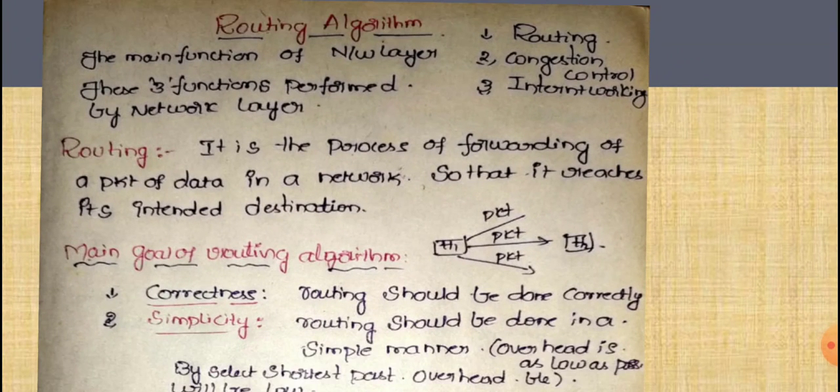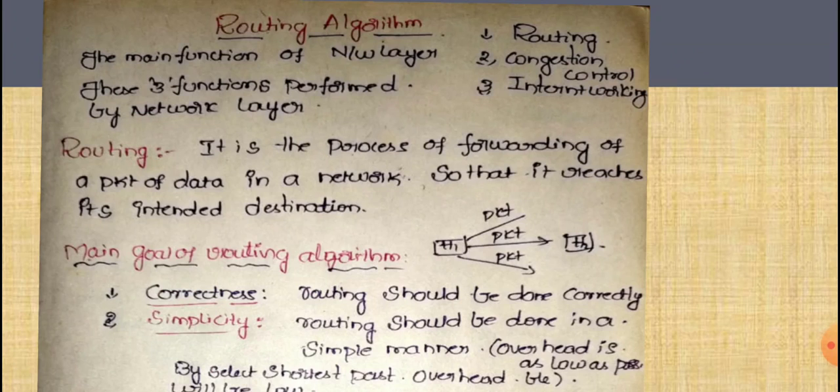The main function of the routing algorithm: three functions are performed in the network layer. What are these three functions? The first one is routing, the second one is congestion control, and the third one is internetworking.